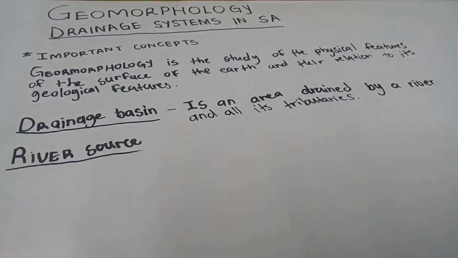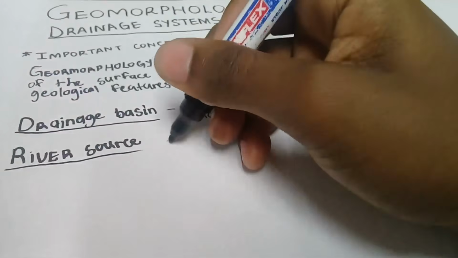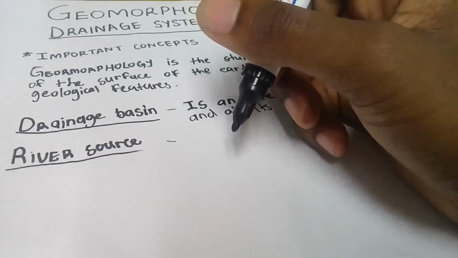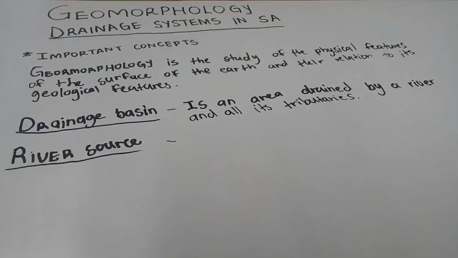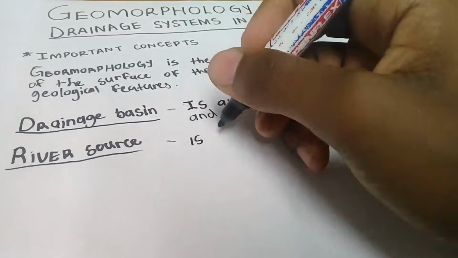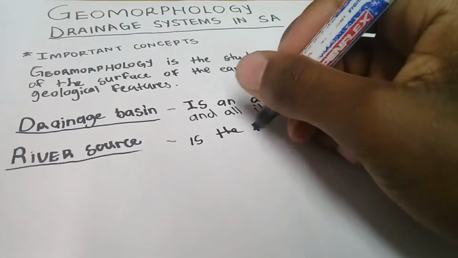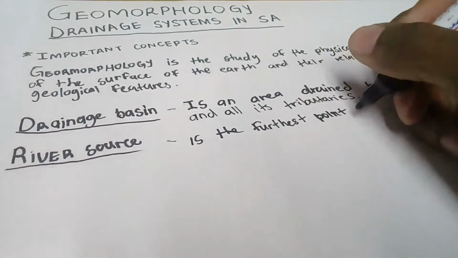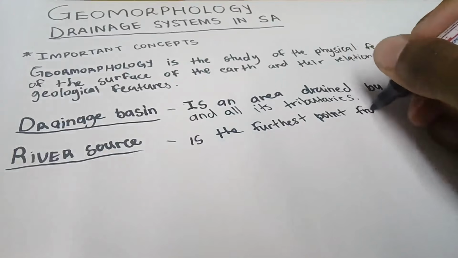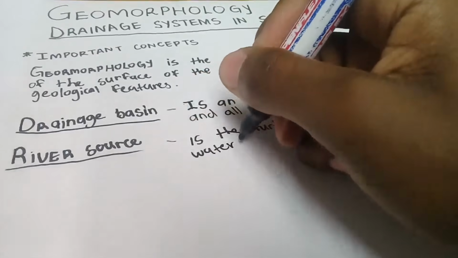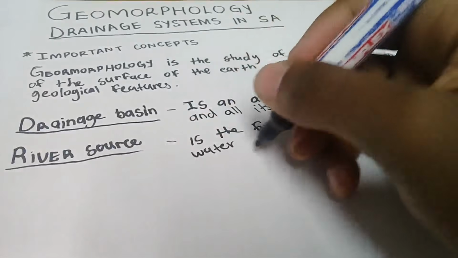So a river source is the furthest point from which water could possibly flow, the beginning of a river, in other words.